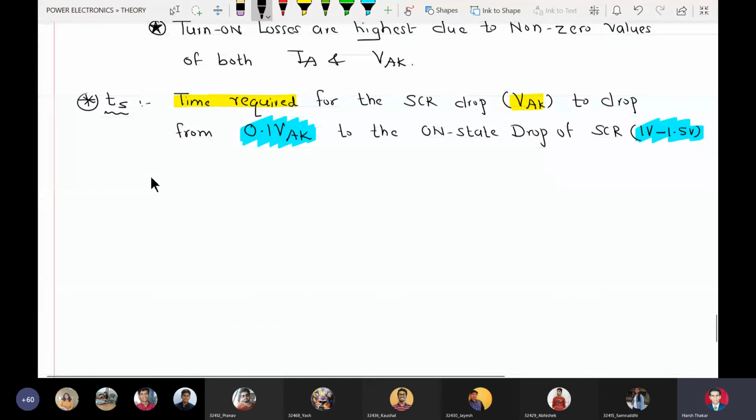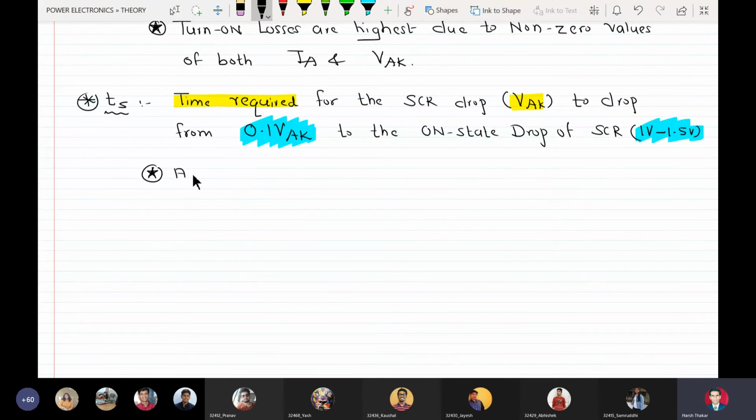And here, after the spread time, the anode current IA attains a steady state value.